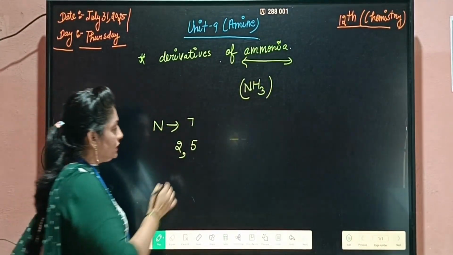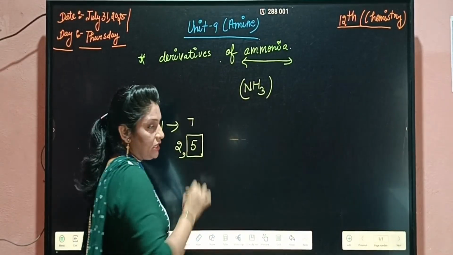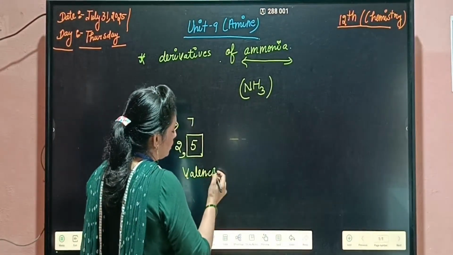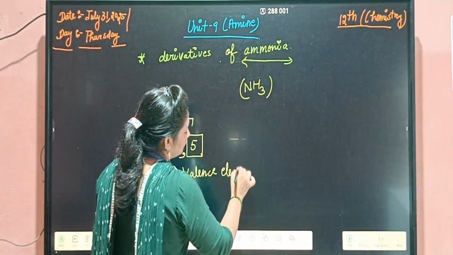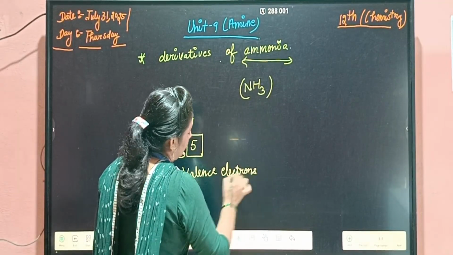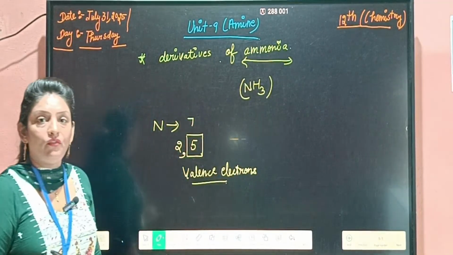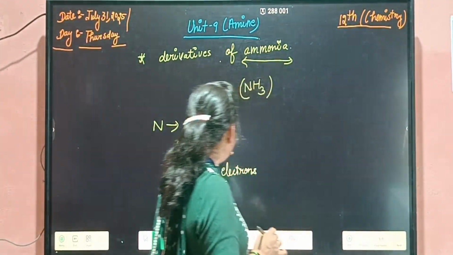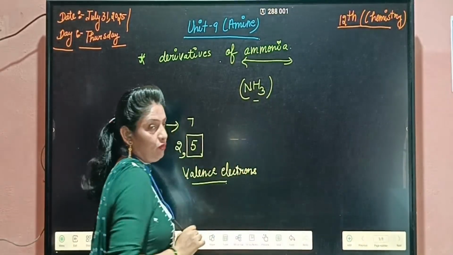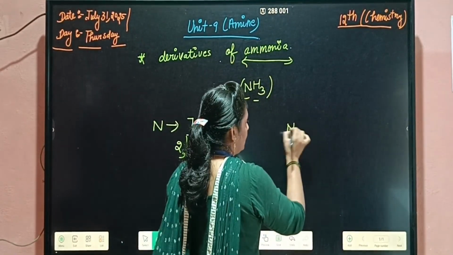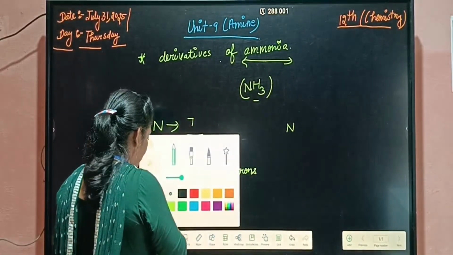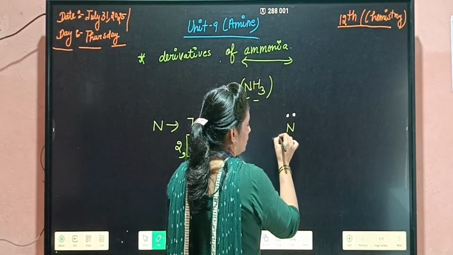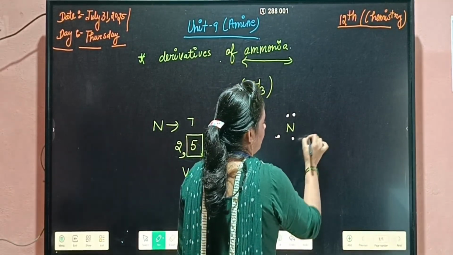Electrons present in the outermost shell are known as valence electrons. How many valence electrons are there? 5. In the case of ammonia, nitrogen has 5 valence electrons: 1, 2, 3, 4, 5.